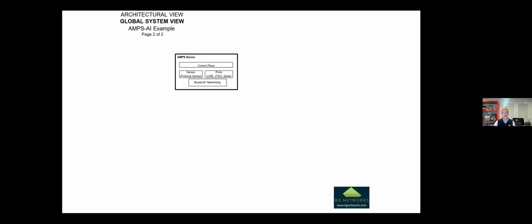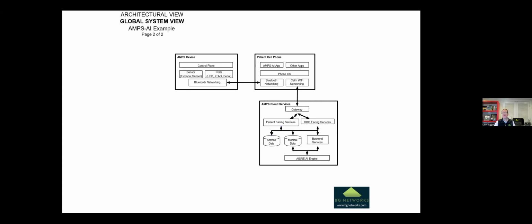Okay, so here's the system. We have the medical IoT device. This again is worn on the person's ankle. It's a small device. It has a microcontroller in it. It would be running an operating system like FreeRTOS or Zephyr. It uses Bluetooth to connect to the patient's cell phone, where it's running an app from the company that made the AMPS, again, a fictional device, and actually loaded it onto the cell phone.